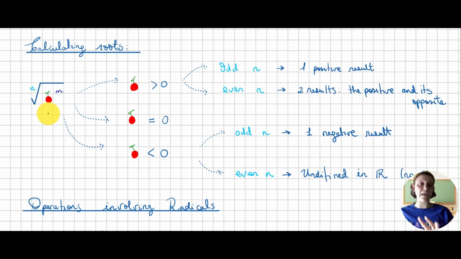These are the three cases. The first case, where apple is greater than 0, we have two cases, depending on the nature of the index. If we have an odd index, an odd n, we have one positive result. And then if we have an even index, like the square root, we're going to have two results, the positive and its opposite, okay?